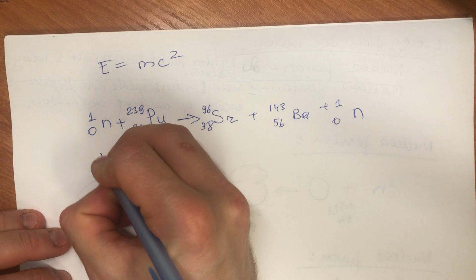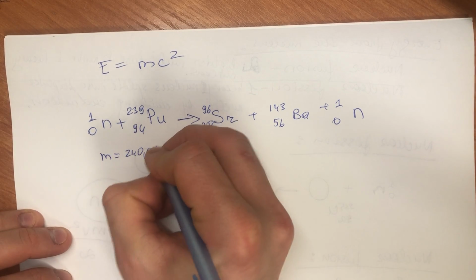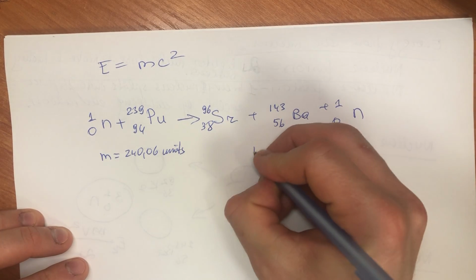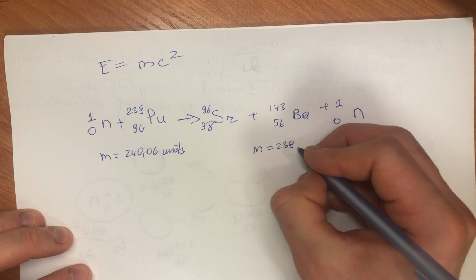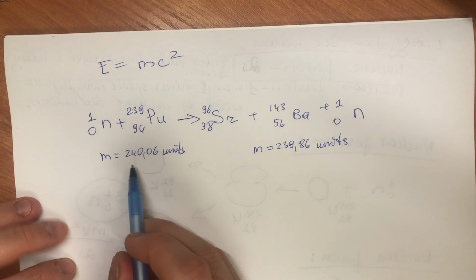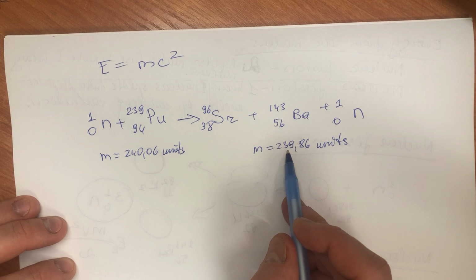The mass here is 240.06 mass units, and here we get mass 239.86 units. So you see that the reactants have a bit more mass than the products.